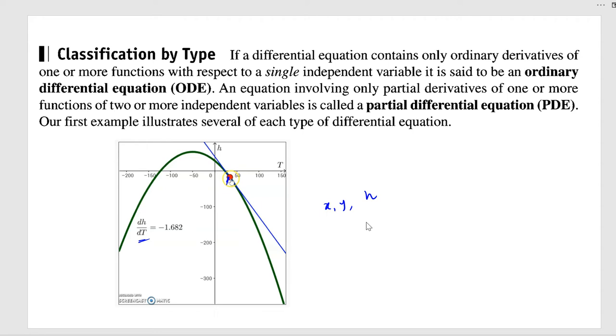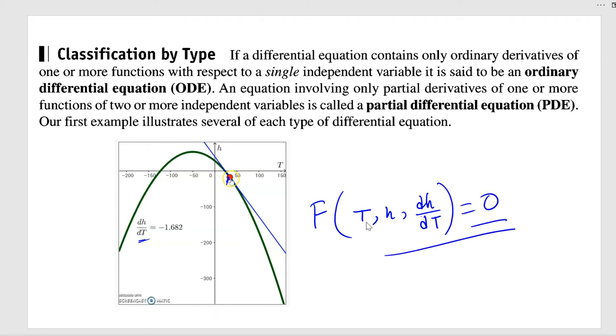In fact, this is h and t. For example, t is h and dh/dt. So that's a differential equation for this case.